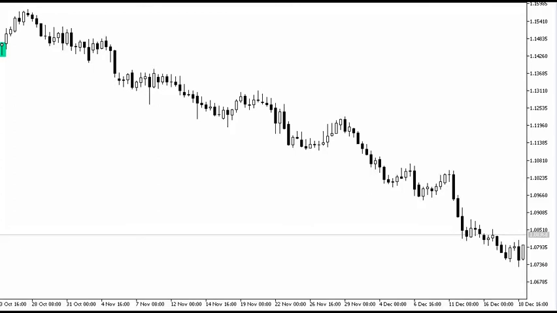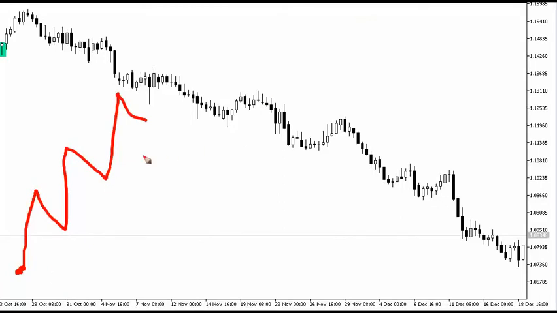And in comparison, an uptrend: if price starts down in the bottom left hand corner, forms a new high, a new higher low, higher high, higher low, higher high, higher low. Again, price is stepping higher, and they're really easy to spot. It's the easiest way to see what the market is doing.